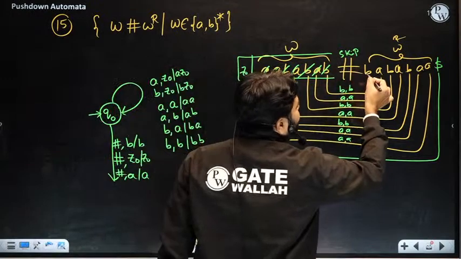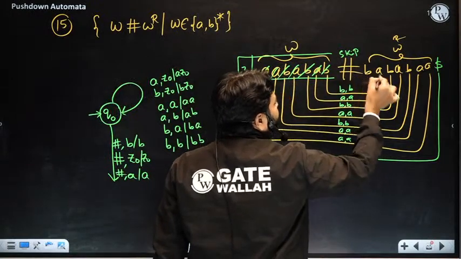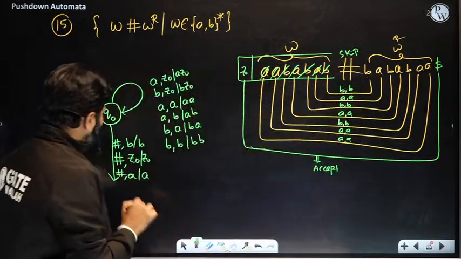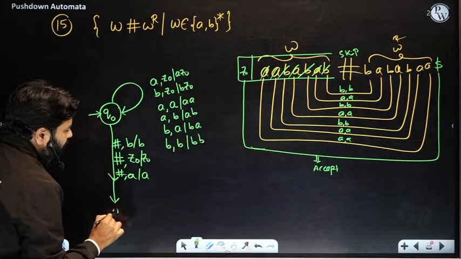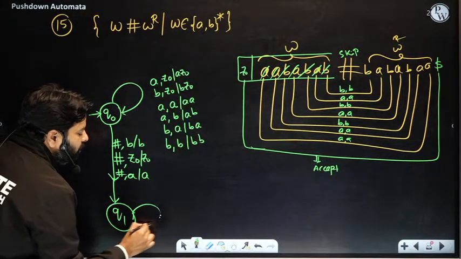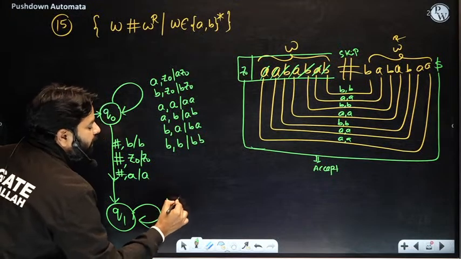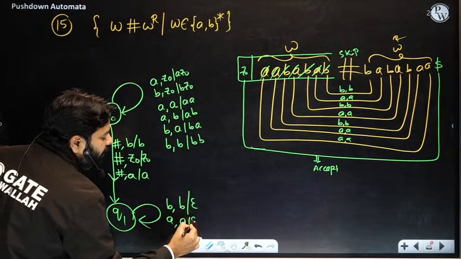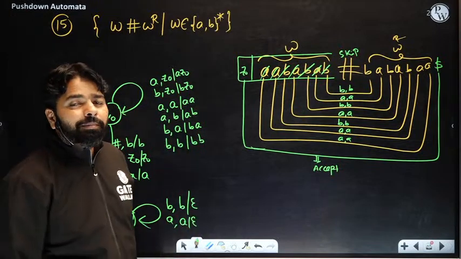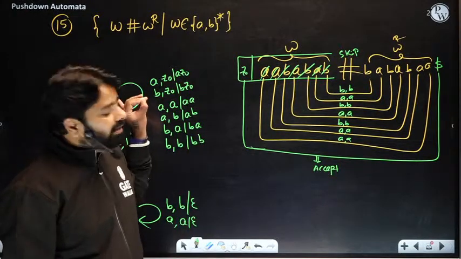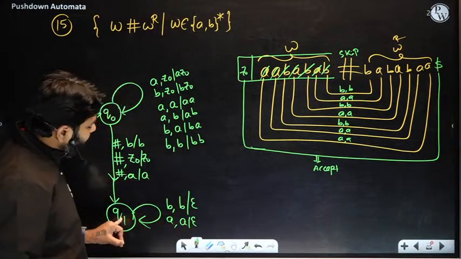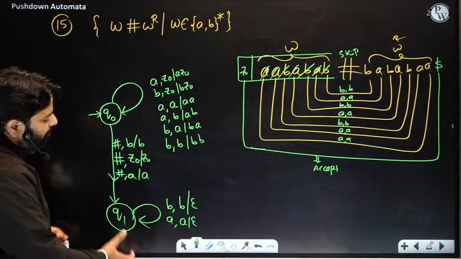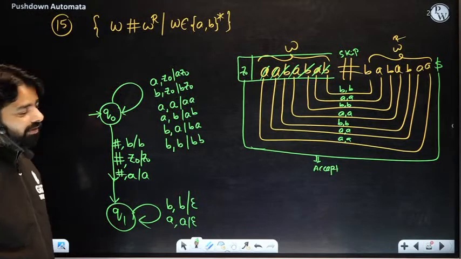We will start comparing from here onwards. B, A, will compare that way. So after that, from Q1 matching should happen. Like if B is an input, then the top of the stack should be B. If A is an input, the top of the stack should be A. And what happens to B comma A comma B? That never happens in a valid string. If A comma B happens from here, then you don't have a path, means they will go to the dead state by definition.